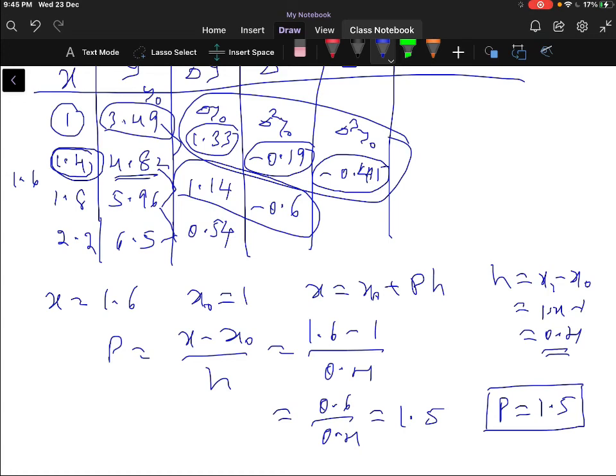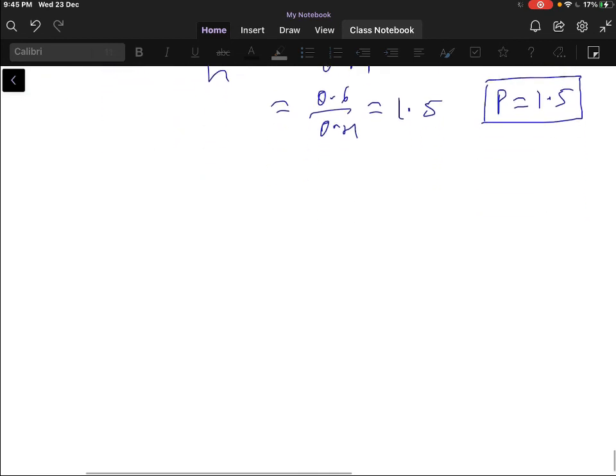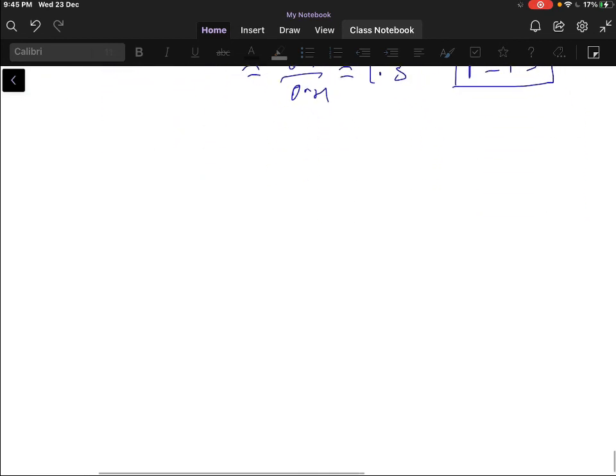Here I have taken x naught is 1, so y naught, delta square y naught, delta cube y naught are the leading forward differences. You can take x naught is 1 or x naught is 1.4, and we get the same solution. So here I considered x naught is 1 and corresponding y naught is 3.49.